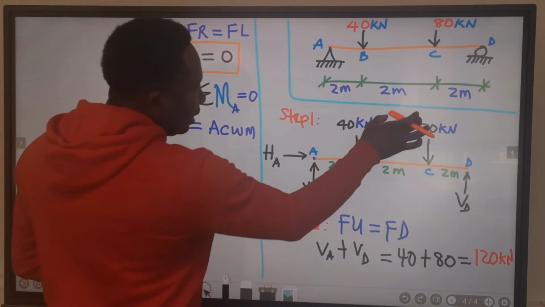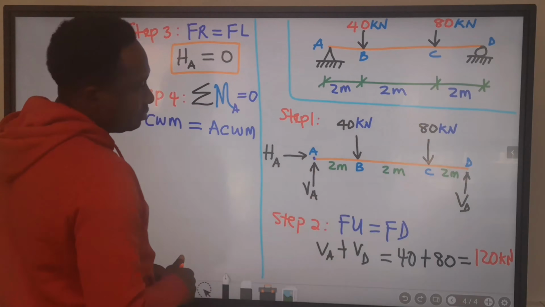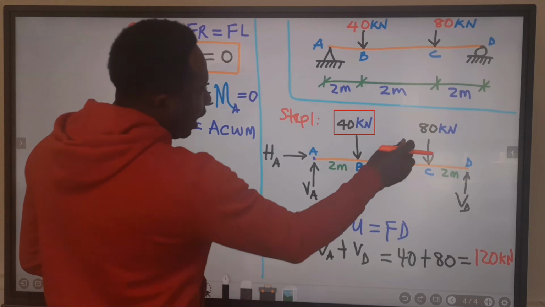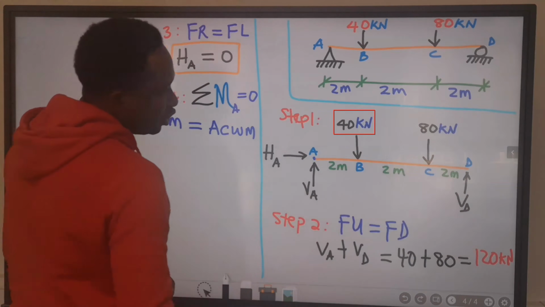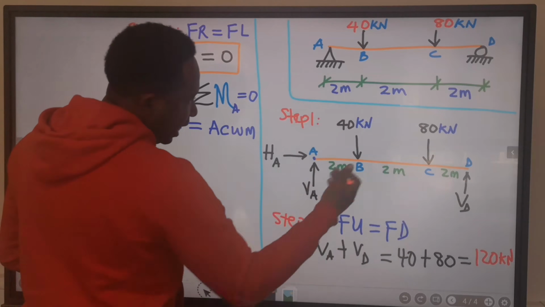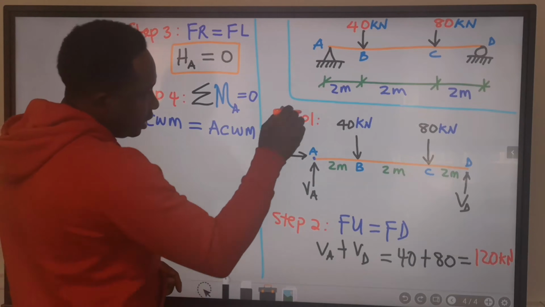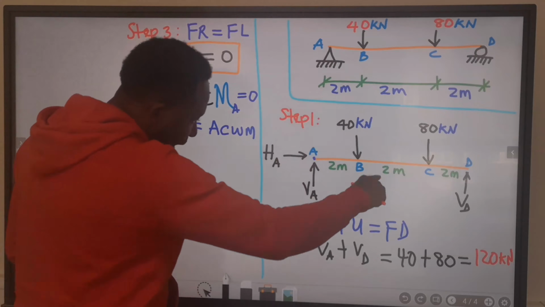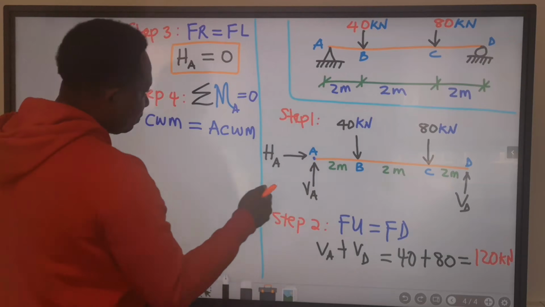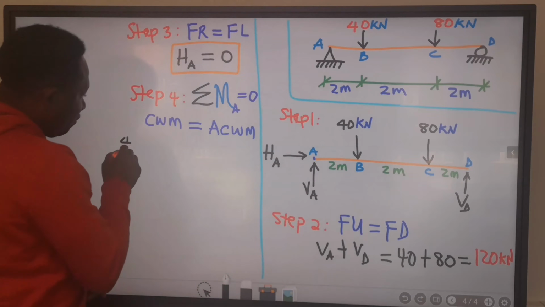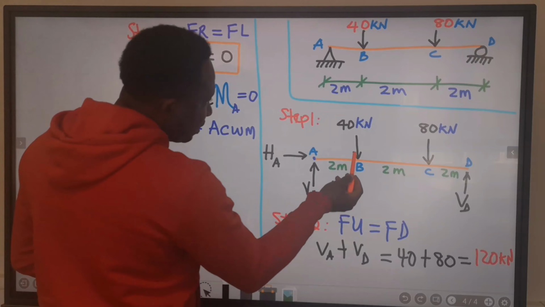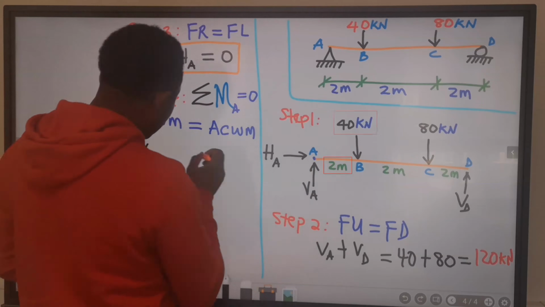I'm going to consider each at a time. Let me consider 40 kilonewton. I will assume that 80 and V subscript D do not exist, that only 40 is acting on this beam. This 40 will push this beam down to turn around this point in the clockwise direction. So I'm going to have 40 multiplied by the distance from this 40 to this point, which is 2.